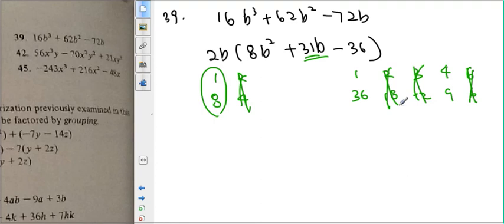So, in fact, it seems like none of them works. So I just leave that as it is, right over here. Alright, now, let's look at number 40.